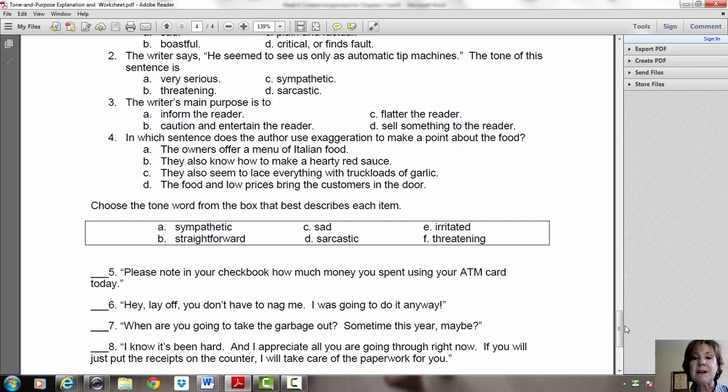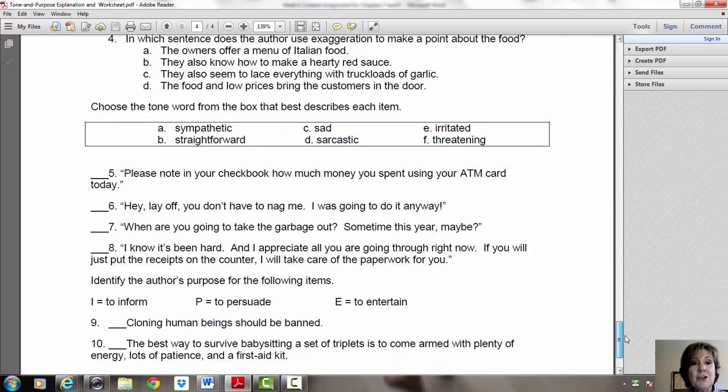Wouldn't it be "They seem to lace everything with truckloads of garlic"? That's certainly an exaggeration. They would not put truckloads of garlic on the food. So that's an exaggeration. Now let's choose the tone word from the box that best describes each item.